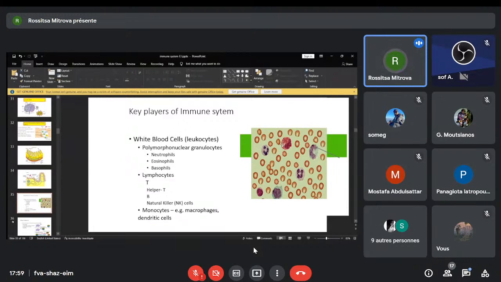Usually they have only two nuclei connected with a small bridge, so sometimes they look like spectacles.